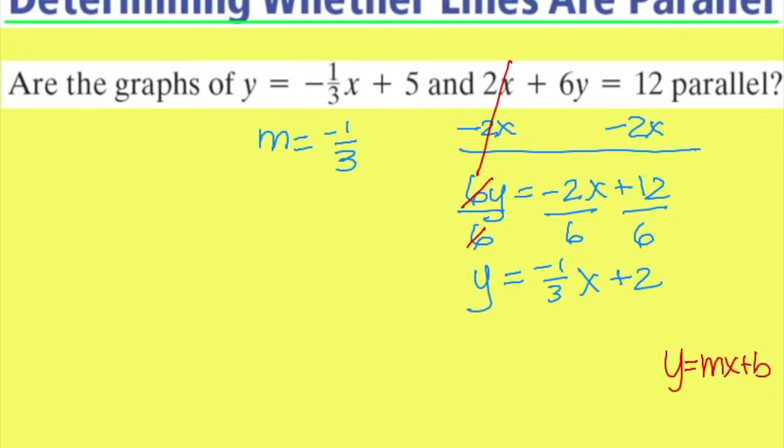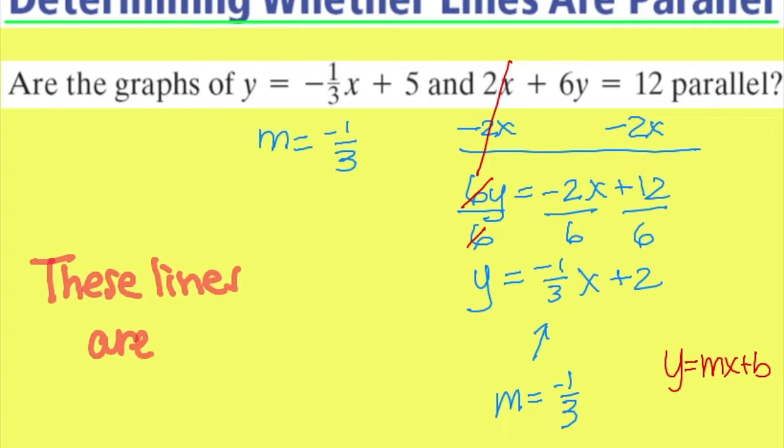So the slope of this equation, the one that we just wrote into slope-intercept form, would be negative 1/3, which means that the slope of this second equation is the same as the slope of the first equation, which allows us to say that these lines are parallel. And again, we were able to tell that without having to create the graph.